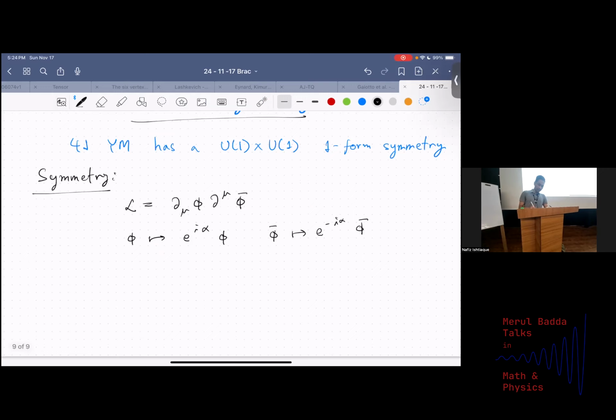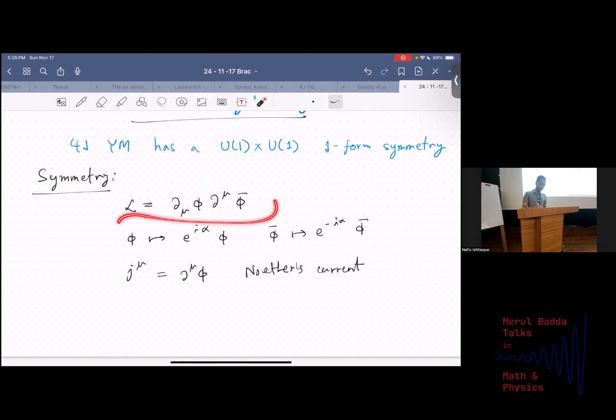You may also be familiar that this symmetry comes with a conserved current, which in this case is something like the following. This is the Noether current. Noether's theorem tells you that the fact that this Lagrangian has this symmetry means that this current is conserved.